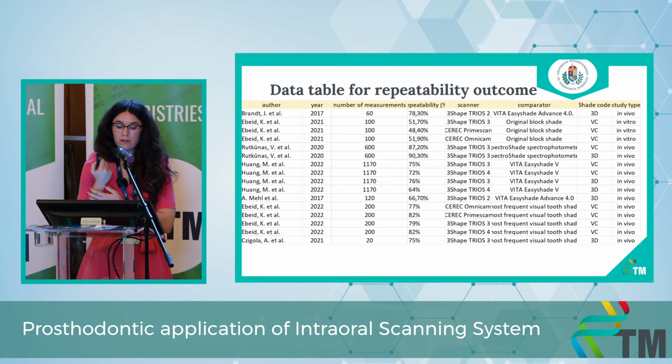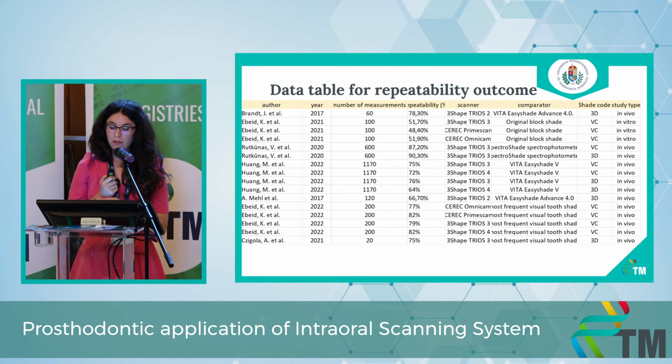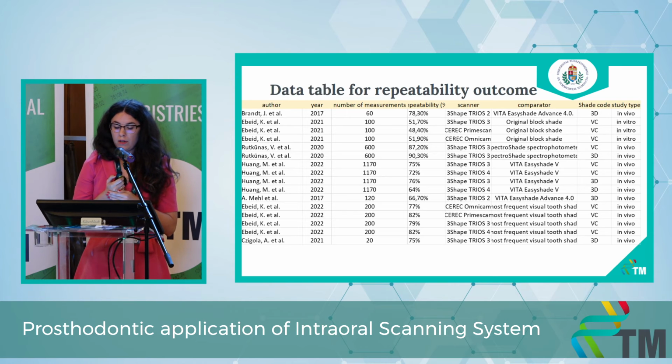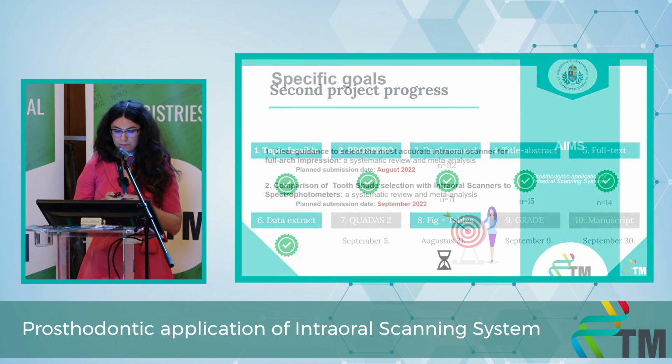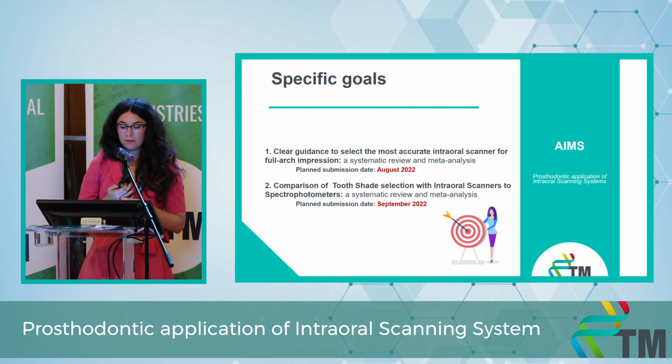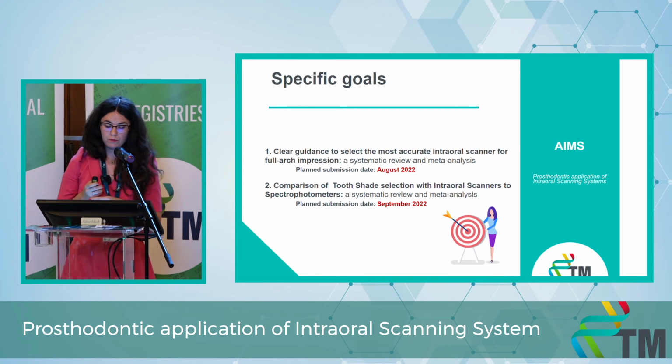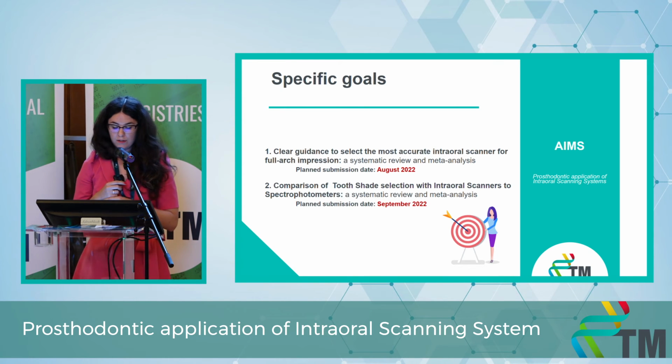Also, I have made the data extraction and the repeatability outcome, and you can see that we will have also the same problem as in the accuracy, that we have many devices available with this tooth shade determination. I am in the phase of the figures and tables, so I hope I will get them soon. And as for specific goals, I want to finish both topics in the end of September.